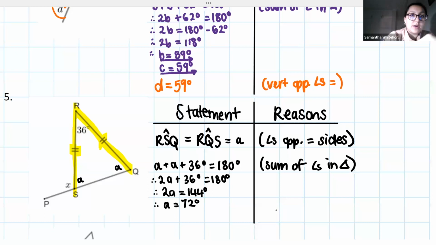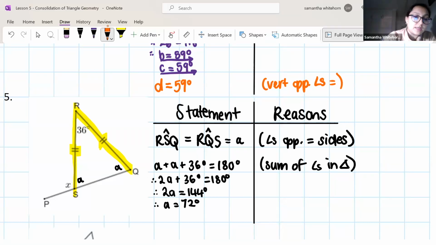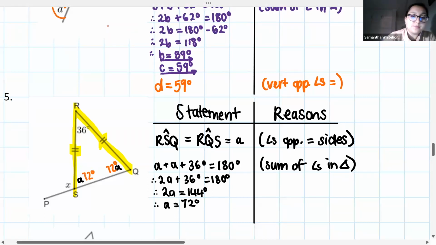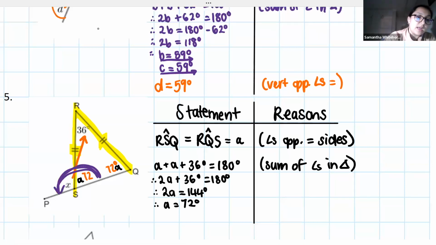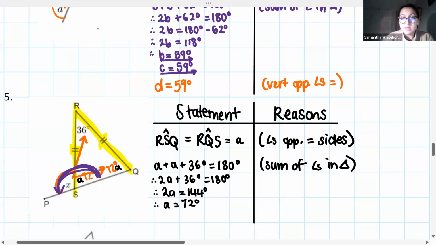So on my diagram, I have just worked out that both of these angles are 72. Now you've got some options. Either you can see that X is an exterior angle of your triangle, so you could say X is equal to 36 plus 72, or you could use angles on a straight line with 72 and X. Either way, you're going to get the answer. It makes no difference.